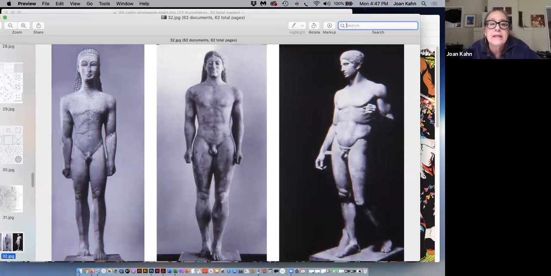This was the Archaic period, this is the Classical period, and this is the Hellenistic period. You see that this is much more stiff, this is more naturalistic, and this becomes very fluid and liquid and naturalistic.